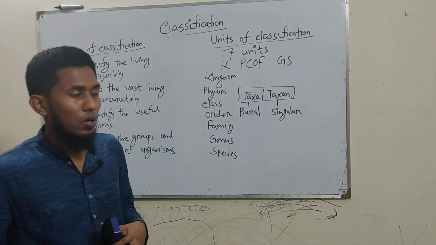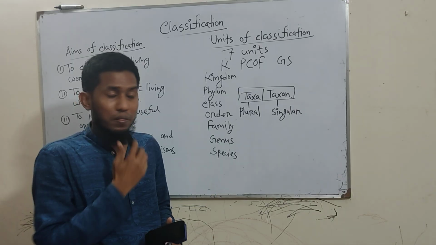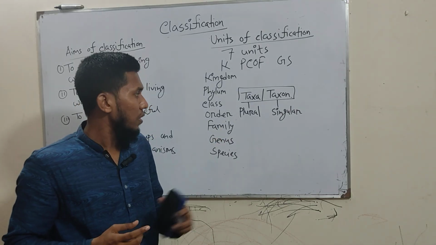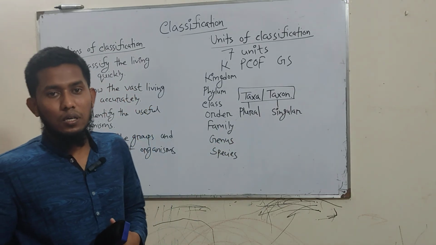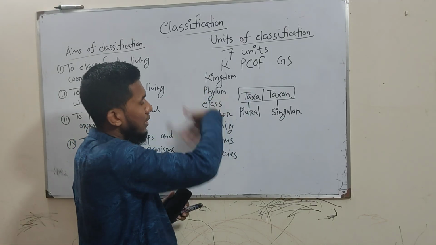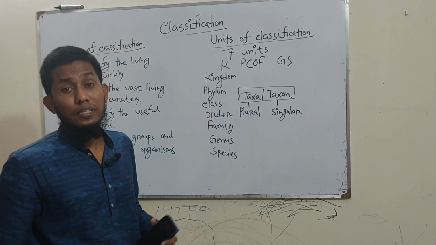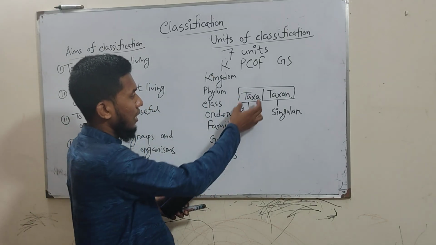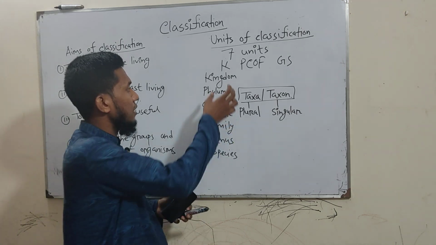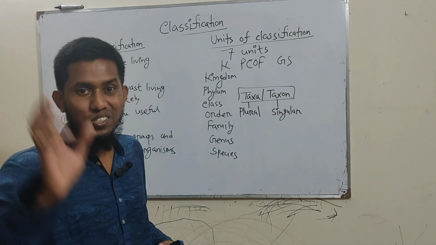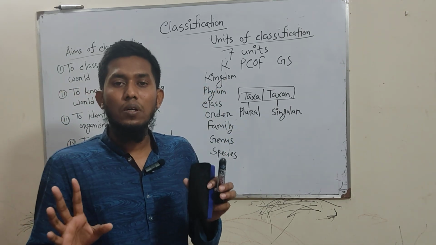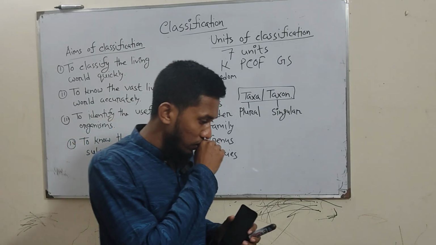All of these units that are used in classifying organisms are collectively called taxa, and each unit of classification is called a taxon. I hope you understood.